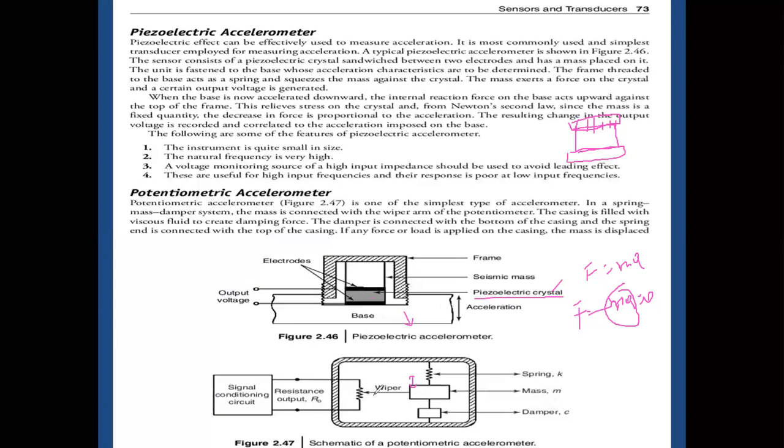The variation of resistance is directly proportional to the displacement that occurred. Due to the variation of resistance, there will be a changing voltage. We will observe and maintain that later.